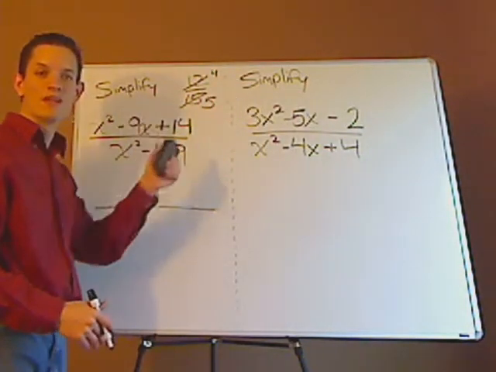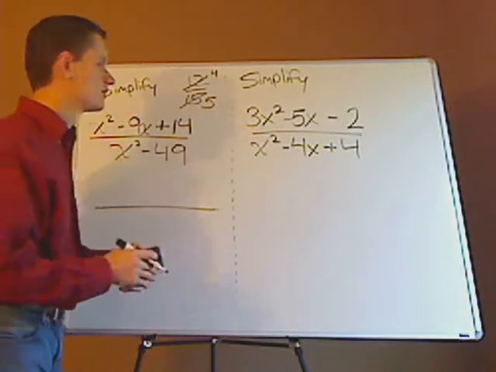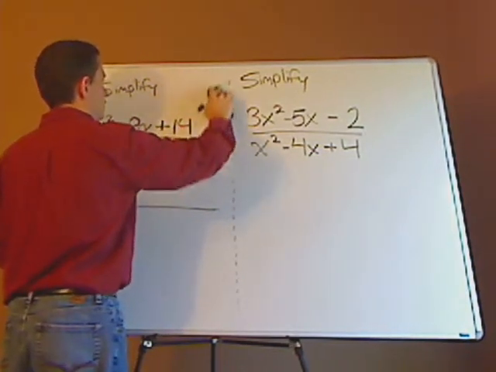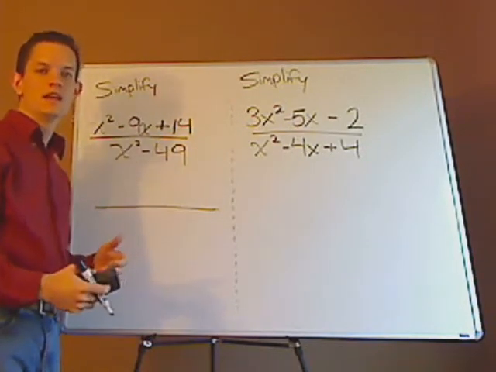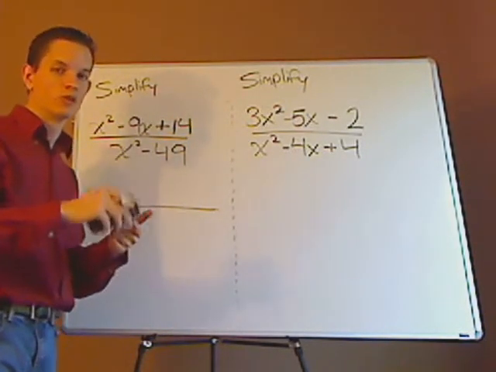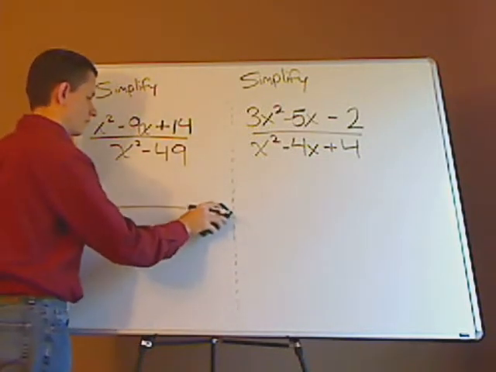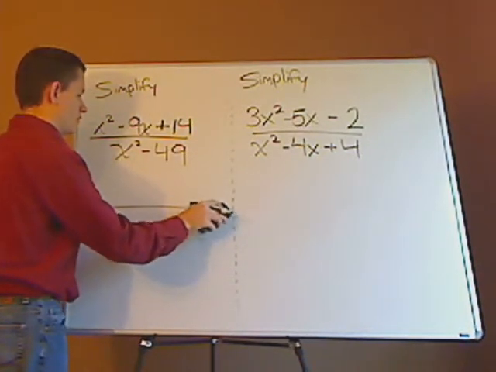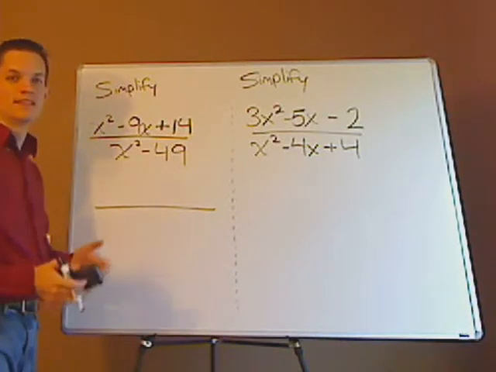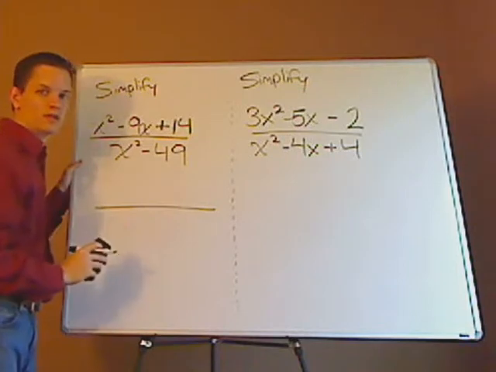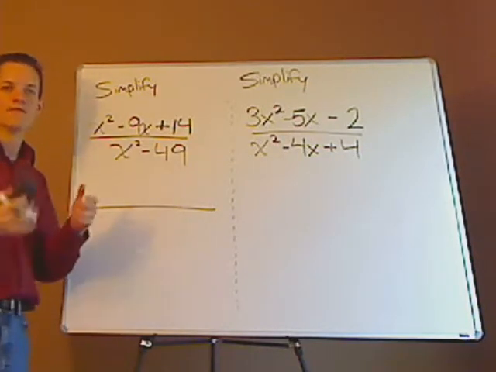You see how I can only cancel out factor with factors? 3 is a factor of both the 12 and the 15. So you can only do that. Same thing with trinomials or binomials. You can only cancel out factors with factors.